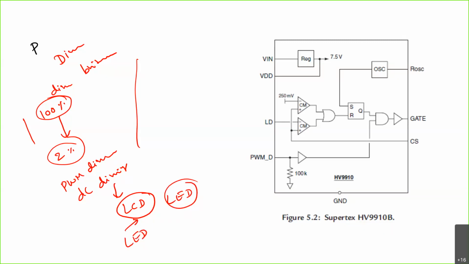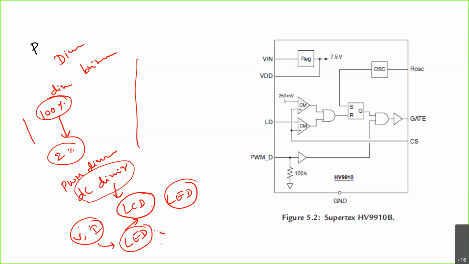In the case of DC dimming, what we have to do is change either the voltage or the current, so that gives you the power. So the power input to this LED is changed, like reducing the screen brightness.